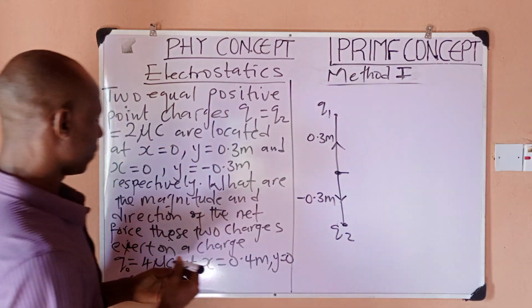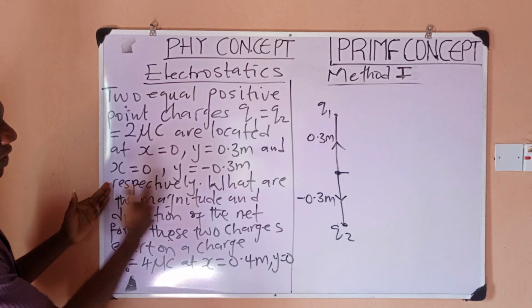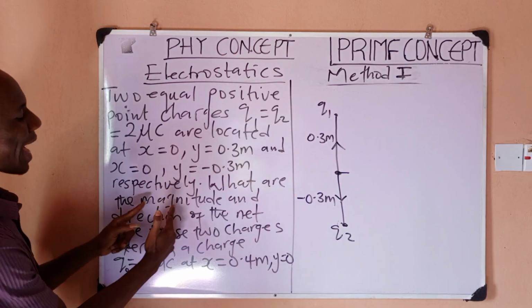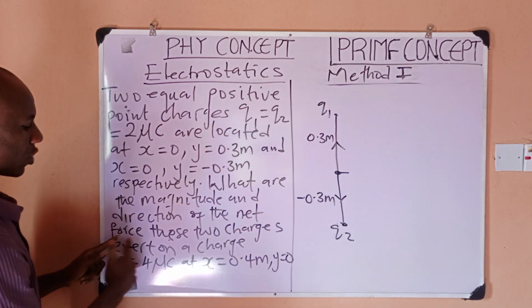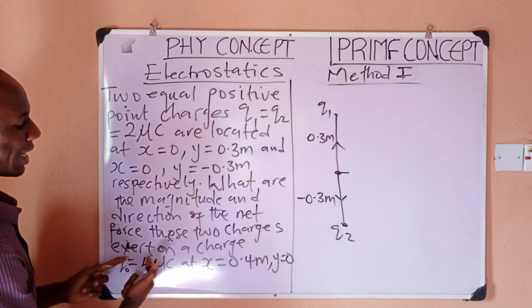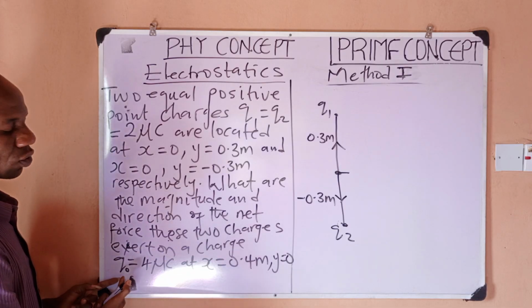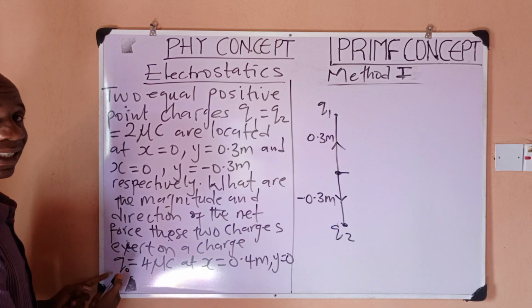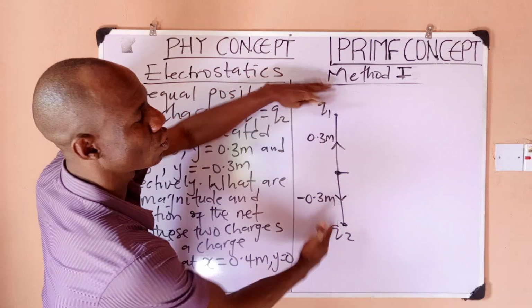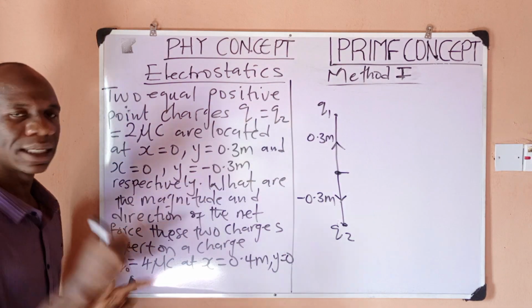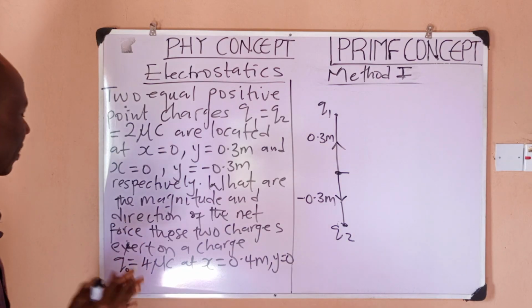Now the question says, what are the magnitude and direction of the net force these two charges would exert on a charge Q0? So we have a third charge. We want to find the magnitude and direction of the force that Q1 and Q2 would exert on the third charge. Where is this third charge located?